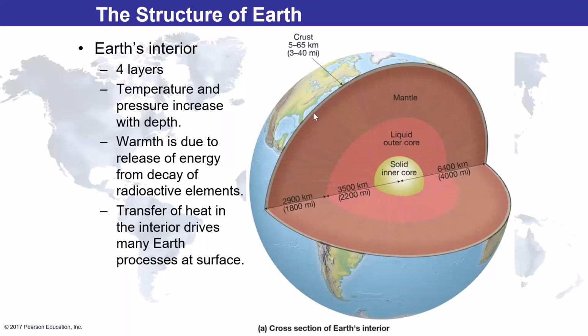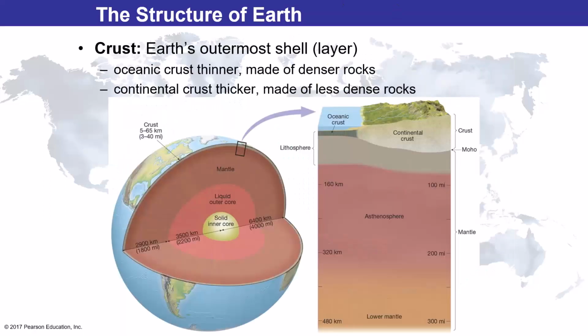Then we get into the asthenosphere and the mantle, and everything in here, obviously except for the solid inner core, is going to be liquid or viscous, meaning that it is not solid and has the ability to flow. As heat is being transferred around these areas, that is what is powering the movement of these giant continental plates. So this is really what we're interested in.